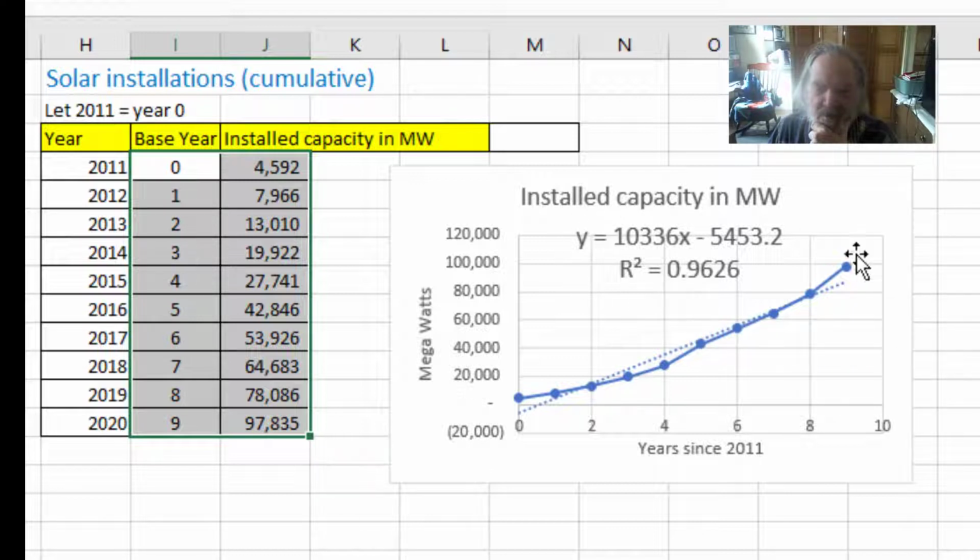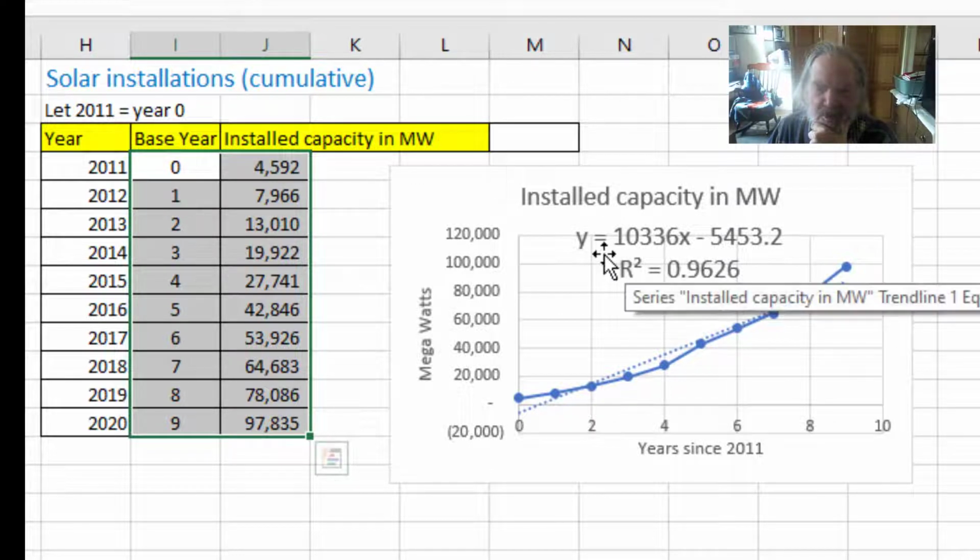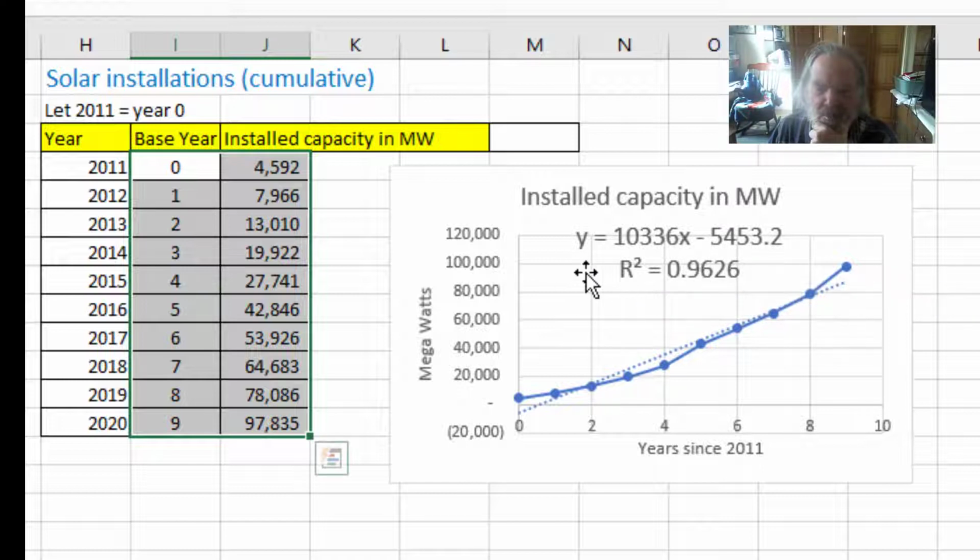This is what you're going to do: use this trend line to extrapolate how much solar we will have in 2050. That would be 39 years after the base year 2011.